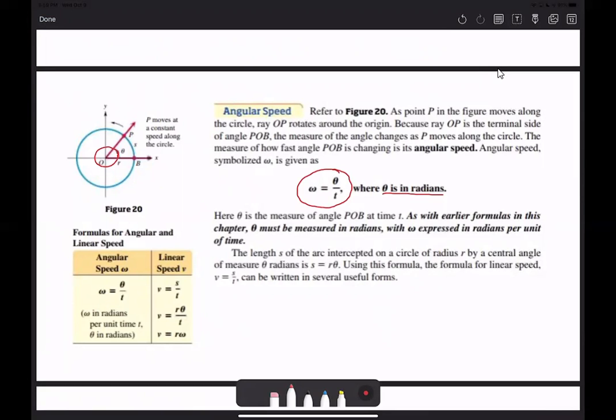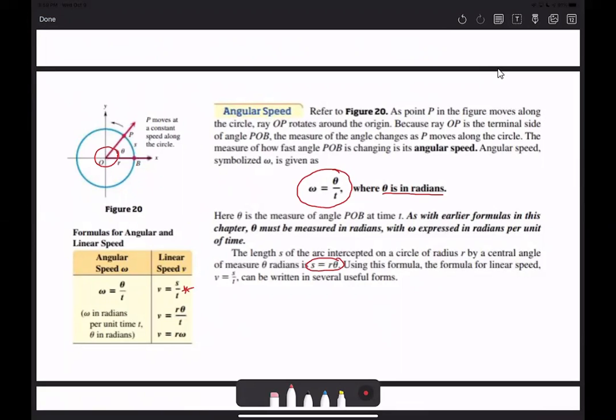Now we do have a few versions of linear speed. This one, v equals s over t, was the one from the previous slide, but we can also substitute in for v equals r theta over t. If you remember from the previous section, s equals r theta, which was the arc length.